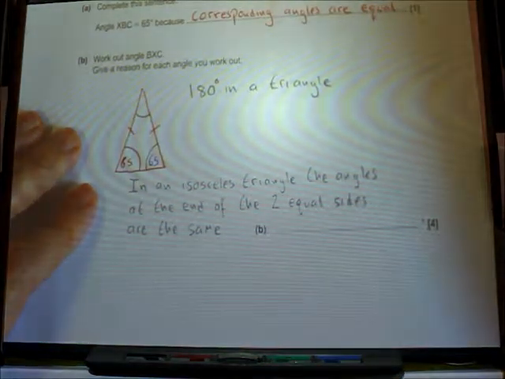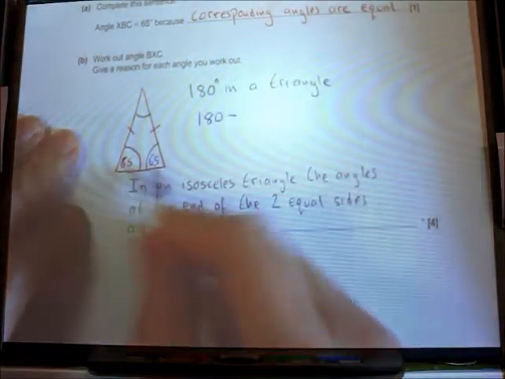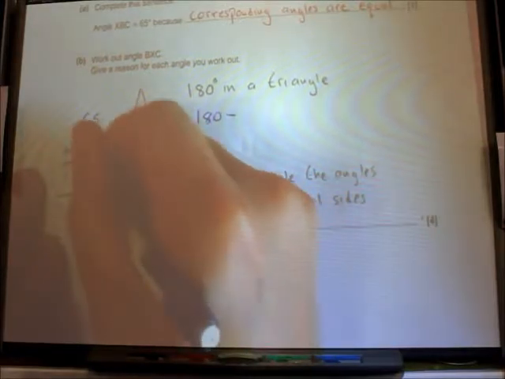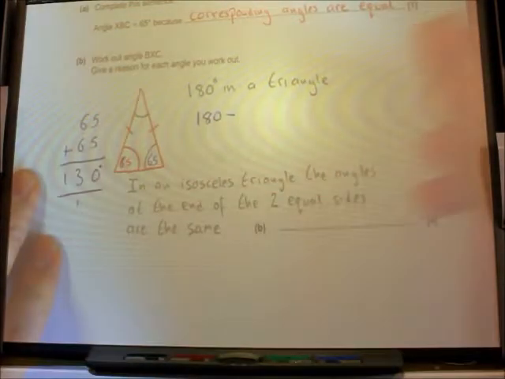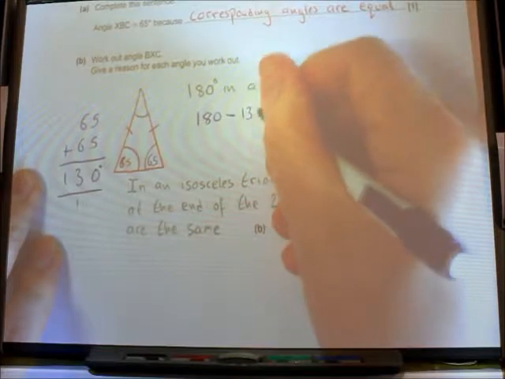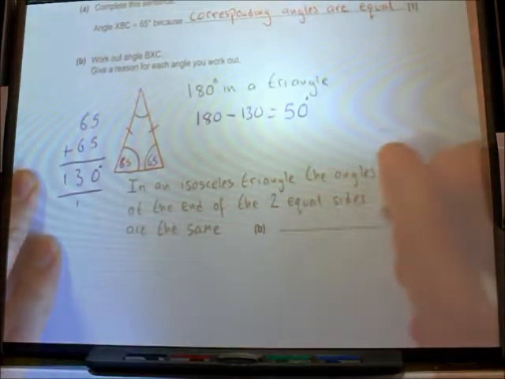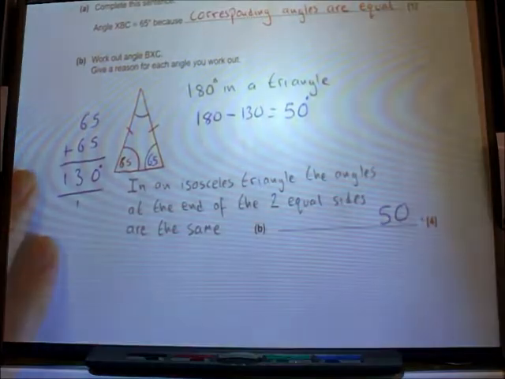The next angle fact you need to know is that there's 180 degrees in a triangle. So we're going to do 180, take away those 2, and 65 add 65 is 130. So 180 take away 130 will give you 50 degrees. So the answer to that one is 50 degrees.